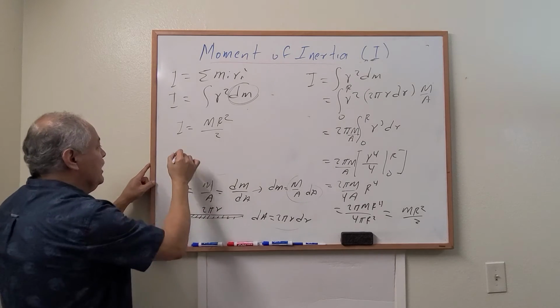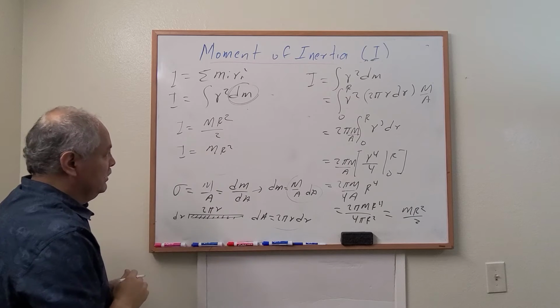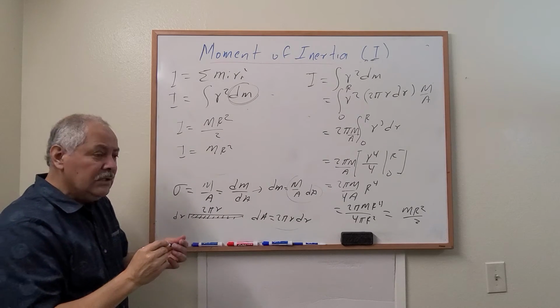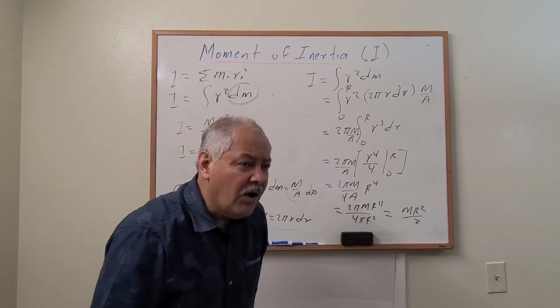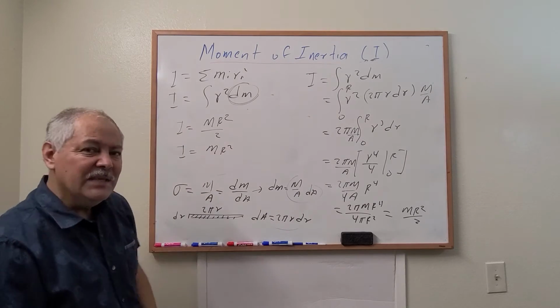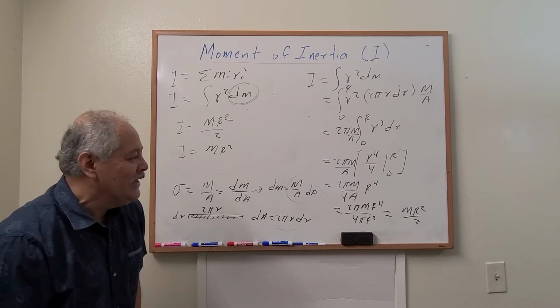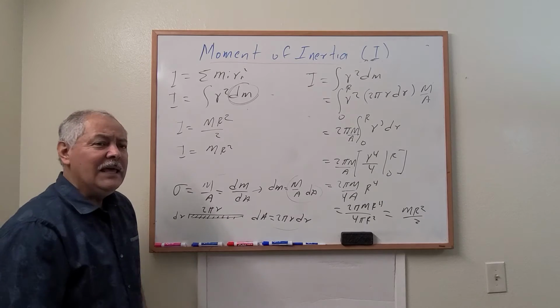Remember, for the ring it is m r squared. Which represents more resistance? The ring. Why the ring and not the disk? Because most of the mass is farther from the axis of rotation than for the disk. Here we have the same mass, of course. Got it? Okay, perfect.